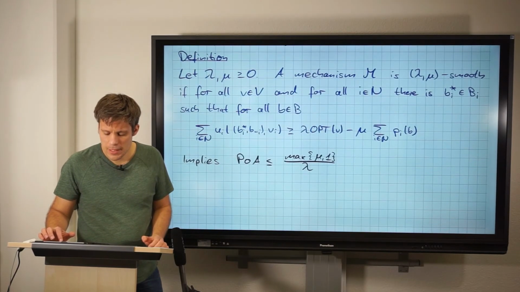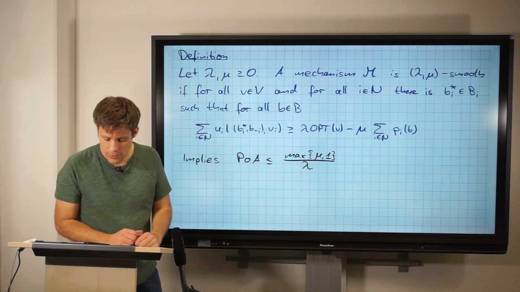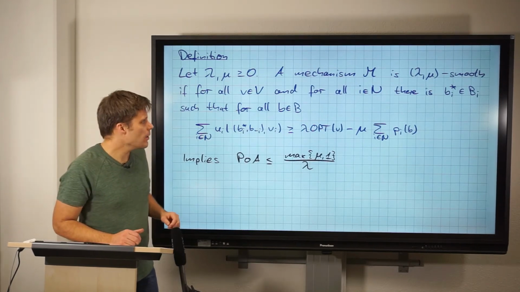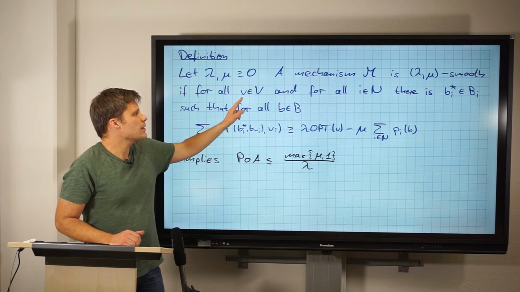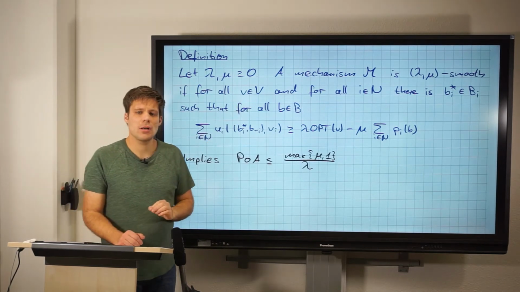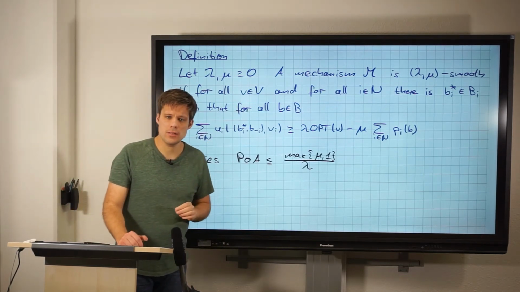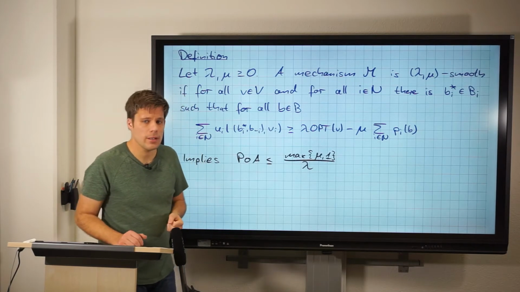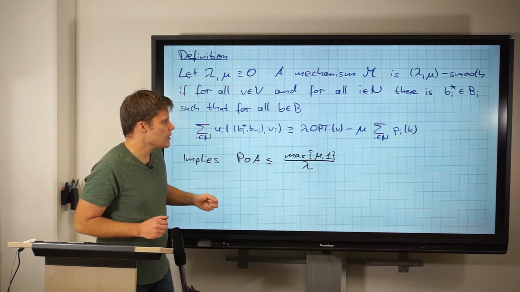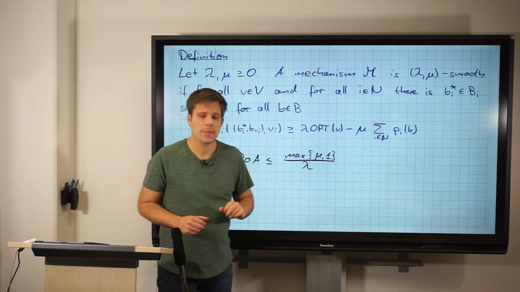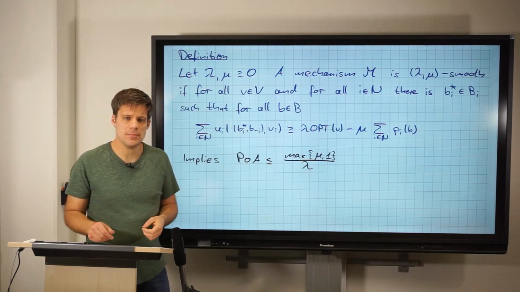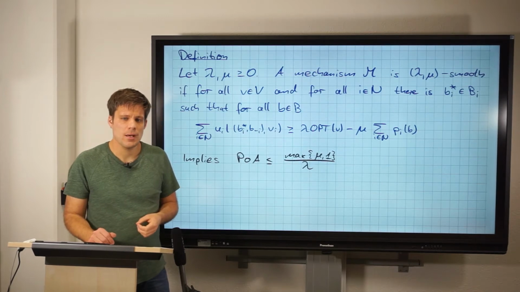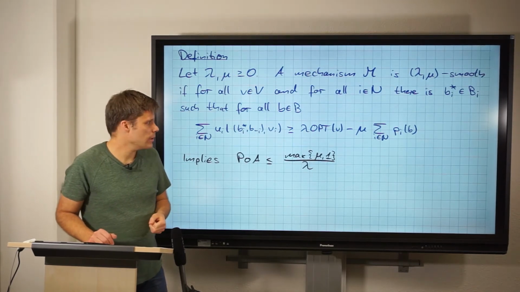And then what was it that made a mechanism smooth? We call a mechanism lambda, mu smooth if the following holds. Take any vector of valuations, so a valuation profile, and take now any player. Then there has to be a safe deviation bid for this player, which fulfills the following.